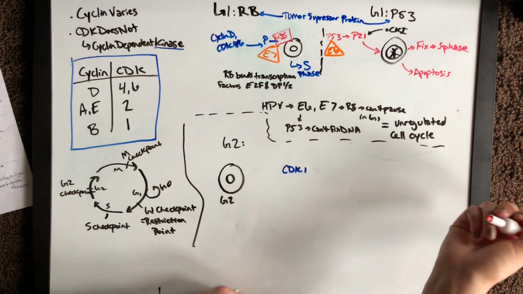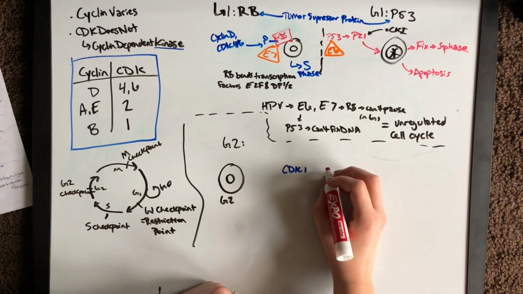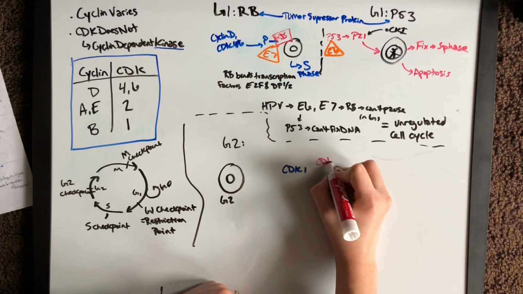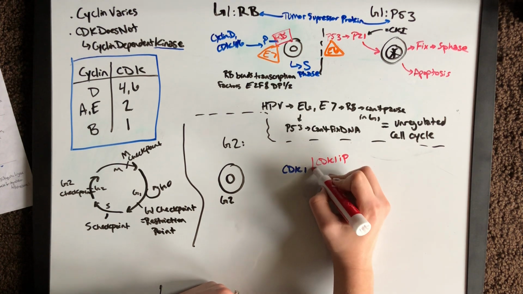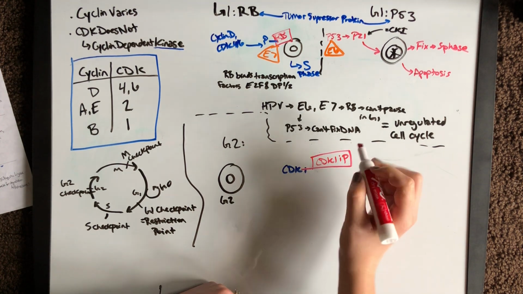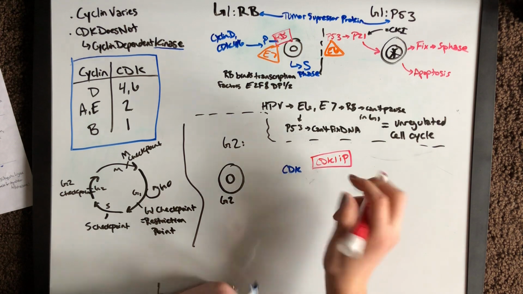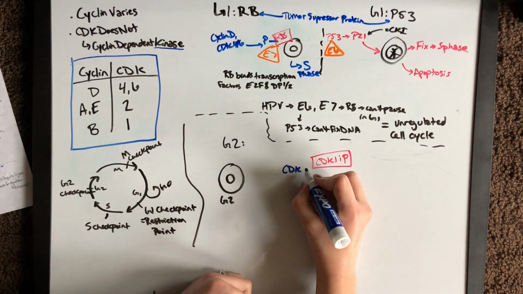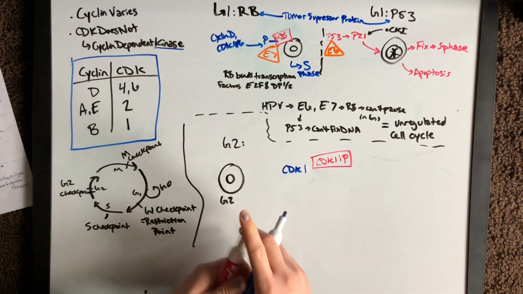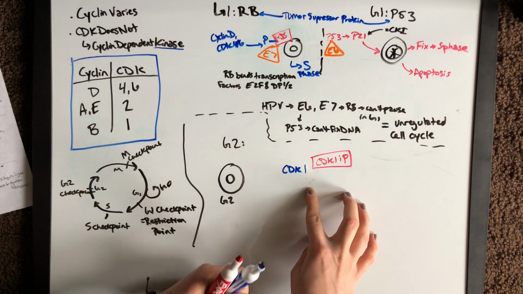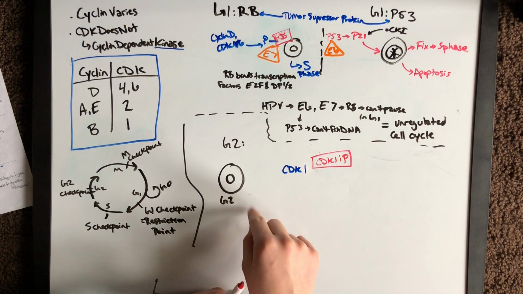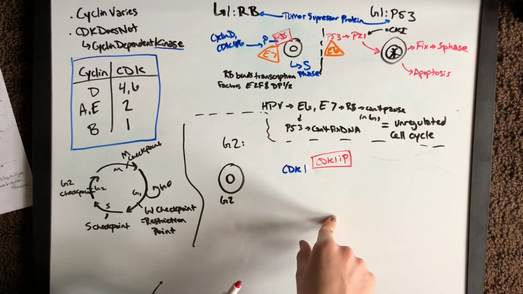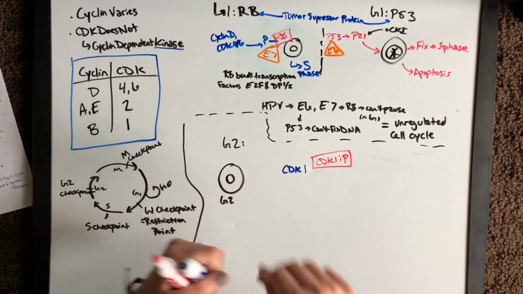CDK1 inhibitory phosphotyrosines. I'm going to abbreviate that. Those are going to inhibit our CDK1. So if we want to let the cell go out of our G2 and continue on the cell cycle, we have to get rid of this inhibition.